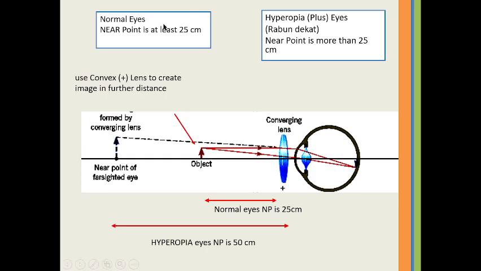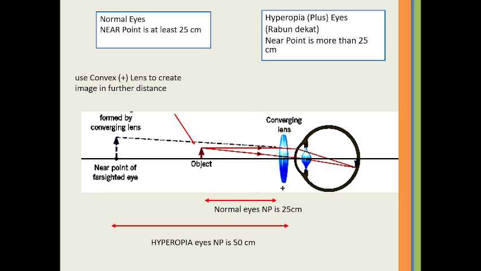What is the meaning of at least? At least 25 centimeters means it can be 15 or 20, it's still normal. So if you can read a textbook at 10, 15 or 20 centimeters, that's okay, that's fine. It doesn't mean your eyes are abnormal.